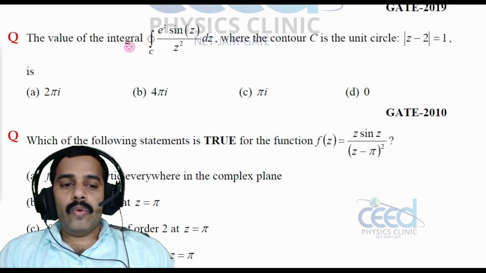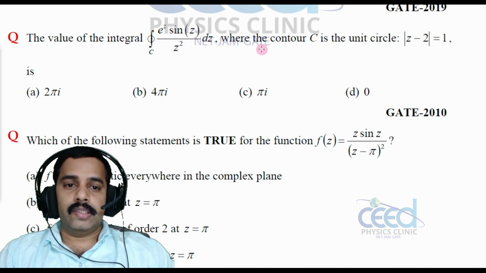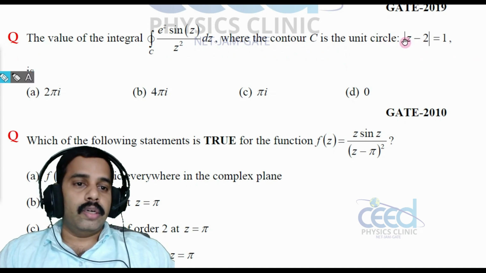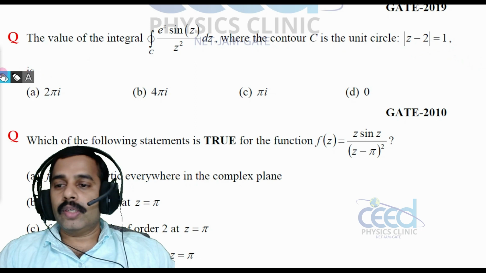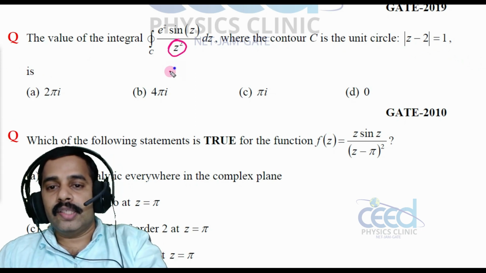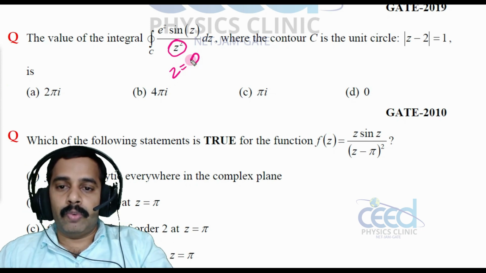The value of the integral, closed integral e raised to z sin z divided by z square dz, where the contour C is the circle mod z minus 2 is equal to 1. So let us plot. Here the pole is z is equal to 0, that is a double pole, right?